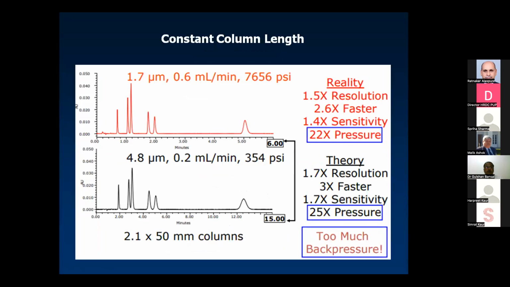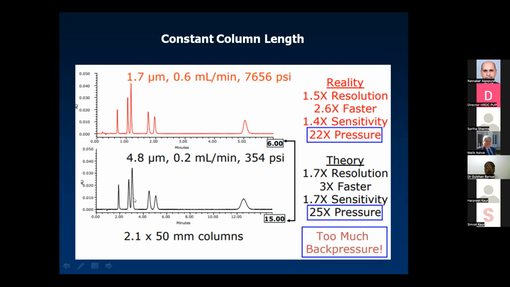This is the constant column length, meaning the length is the same for all the columns. It's a 2.1 mm bore size and 50 mm column, meaning a 5 centimeter column. And the particle size is 4.8 micron, meaning a larger particle size.